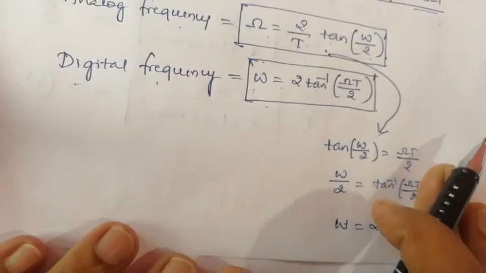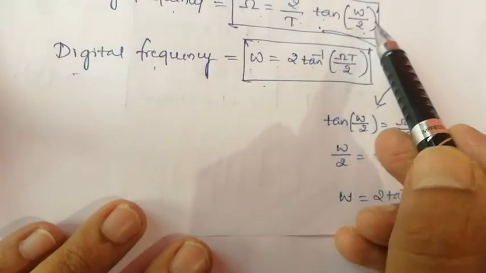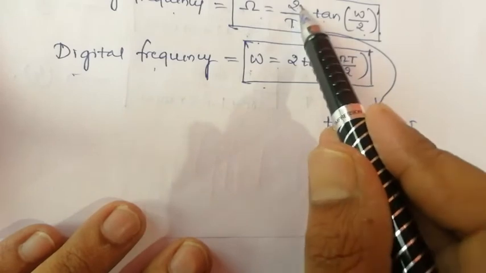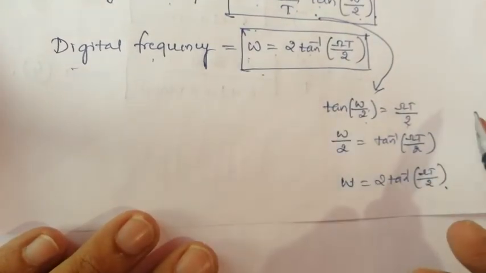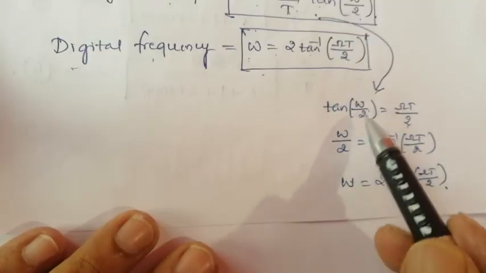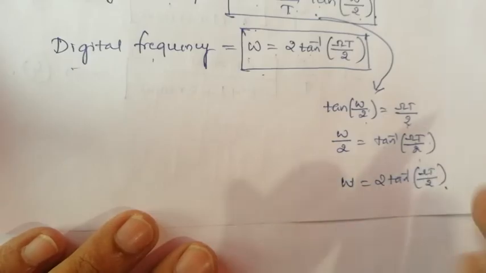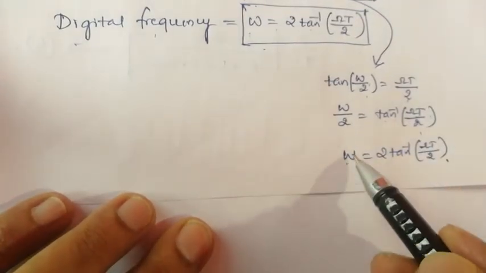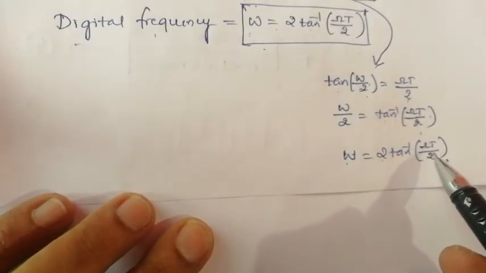Simple. Simplify the above equation. Here, tan omega by 2 is equal to omega T divided by 2. Next, taking tan to the other side, it becomes inverse: omega by 2 equals tan inverse of omega T by 2. Next, let us express only in terms of omega, hence the 2 goes to the other side, giving 2 tan inverse of omega T by 2.